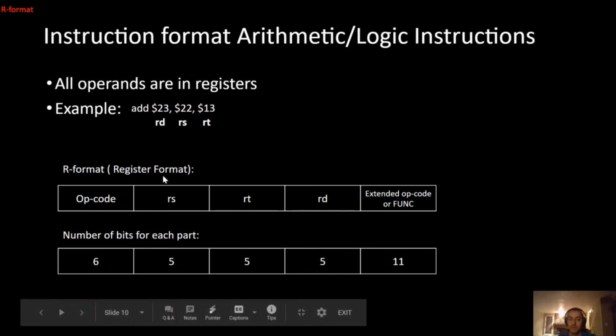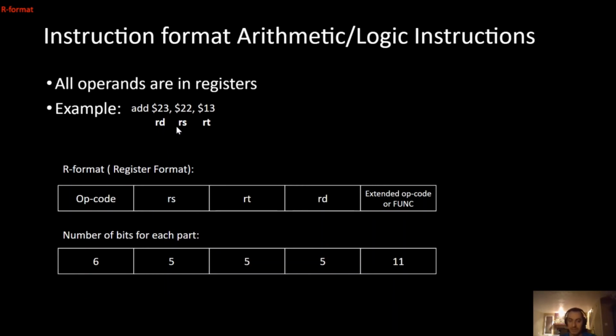One thing to notice is that the order is not the same. Here we have RD, RS, and RT. So if we say D, S, and T, here we have S and T first, and then we have D after those. So the order is not the same. It's just something to notice.